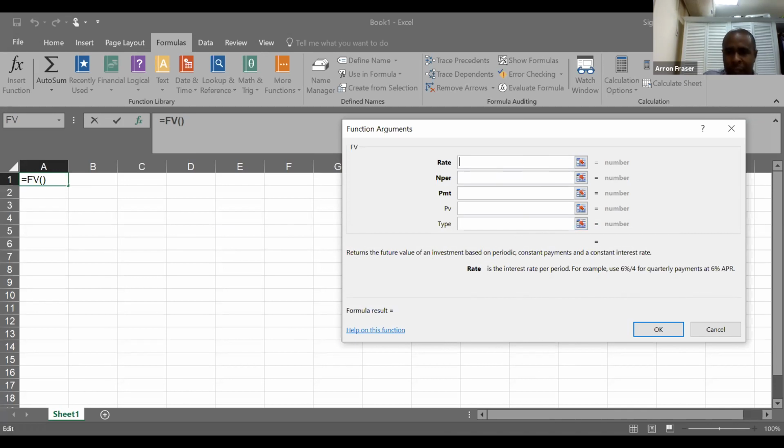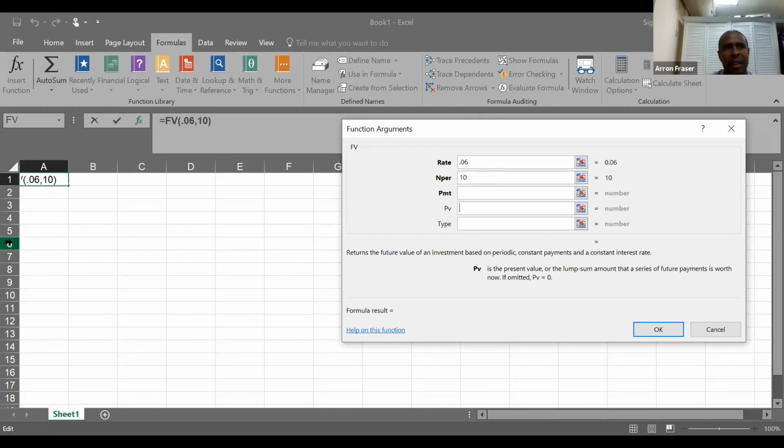The first one asks us to calculate the future value of $100 at 6% for 10 years. So we know the rate is 6%, so you go 0.06. It's for 10 years. And currently we're investing $100, right?